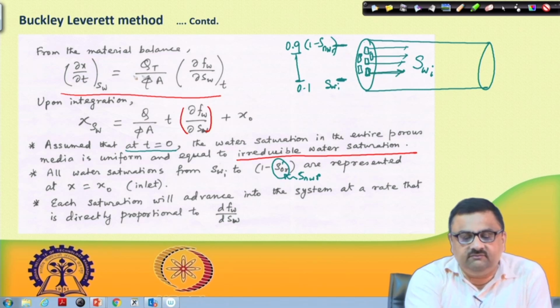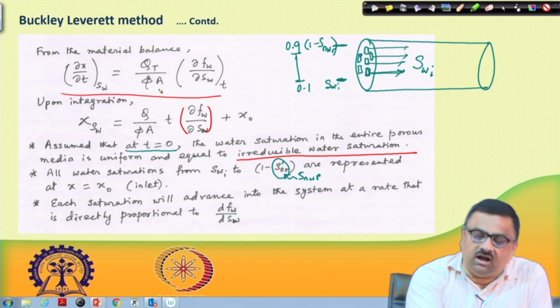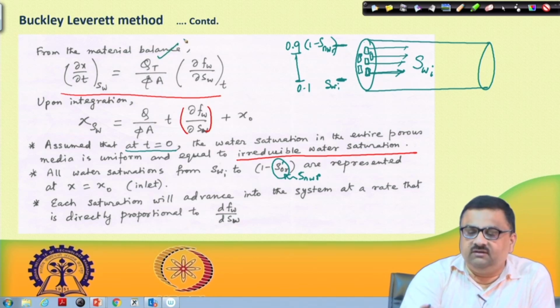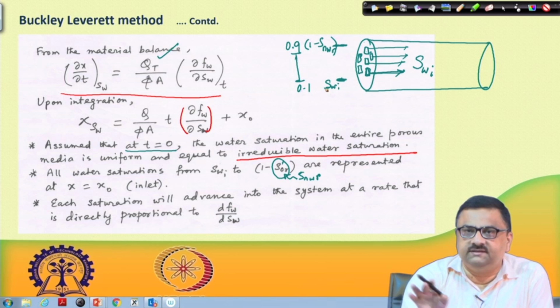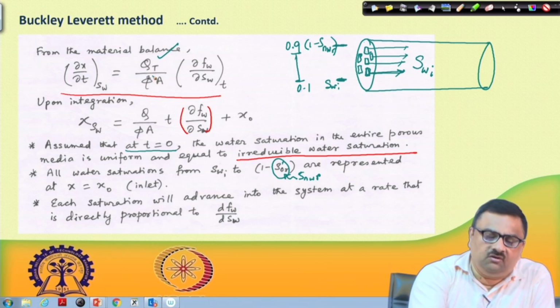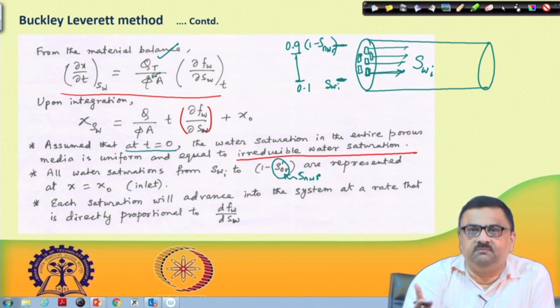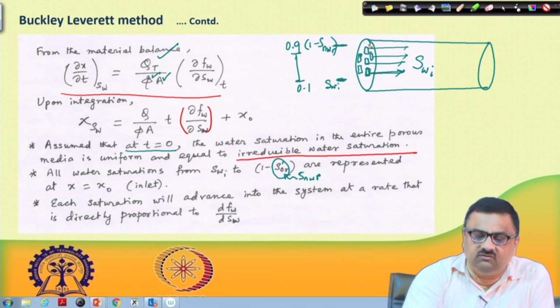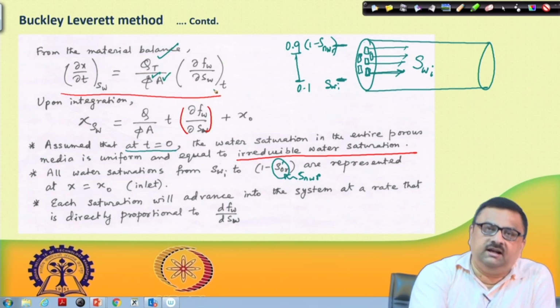But let us look at the right hand side. Qt is already known, that is the total flow rate that we are injecting, some meter cube per second. Porosity we know. A, the overall cross sectional area, is known, and del FW by del SW.